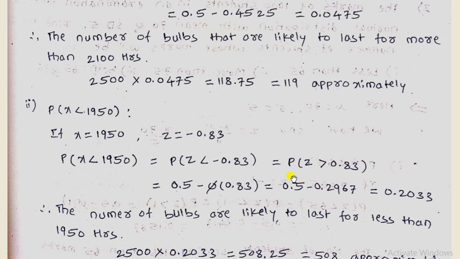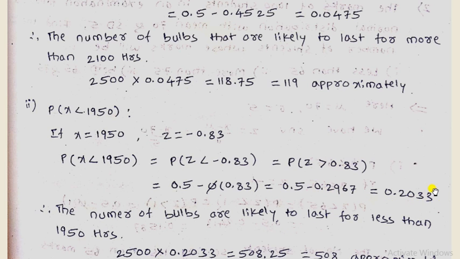So once again use the standard formula. Z greater than z2 is 0.5 minus phi of 0.83. So 0.5 minus the value of 0.83 according to the normal distribution table, which is 0.2967, gives 0.2033.